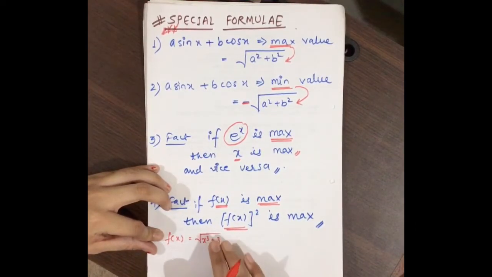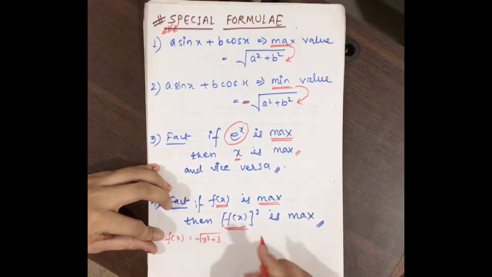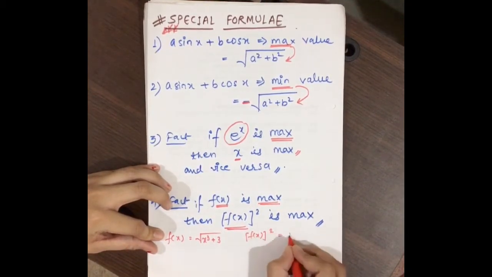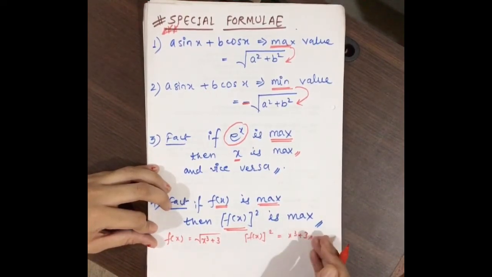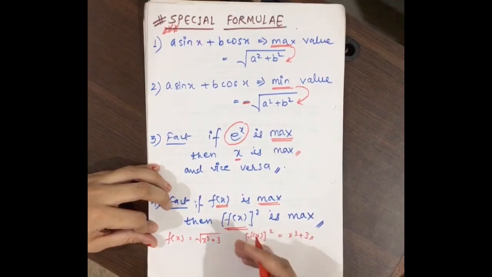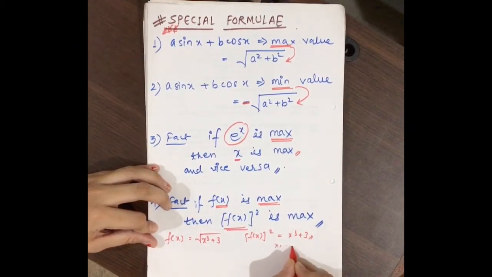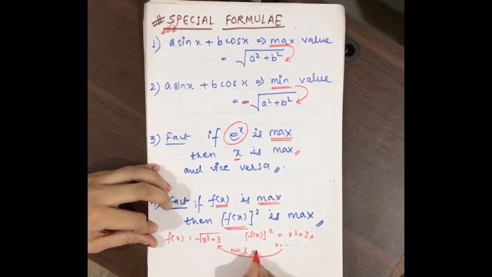So what we will do is we just square this f(x) so that we get a simple term, that is x cube plus 3, and we can apply the simple derivative test and find the value of x, and we can put it directly into f(x) for maximum and minimum value.